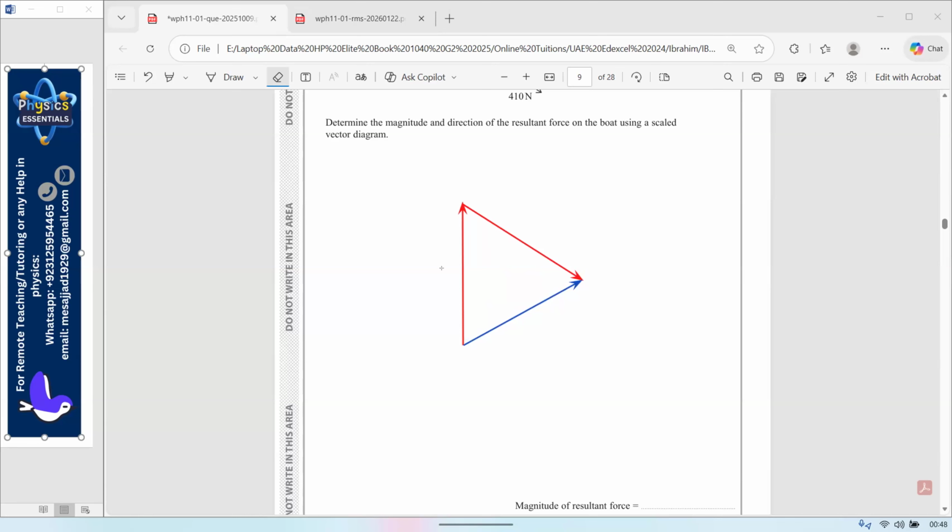So this is the 350 Newton, this is 410 Newton, and I have to mention the scale, so I use the scale as 1 centimeter is 50 Newton, and this side should be 7 centimeter, and this side should be 8.2 centimeter, and the resultant was about what I have measured. It was 7.5 centimeter.